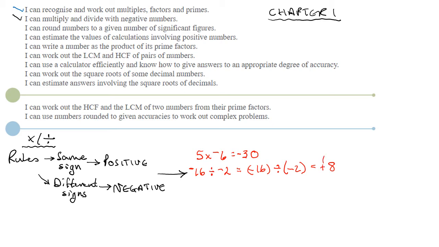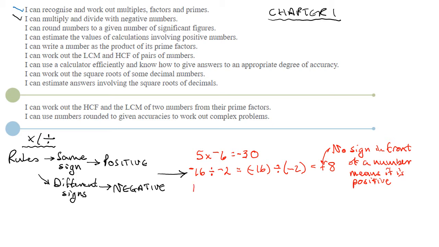Now we don't need to put the positive sign in, because we know that no sign in front of a number means it is positive. Yeah, so you can see in those calculations, when the sign was the same, it's positive. When the signs are different, it's negative.